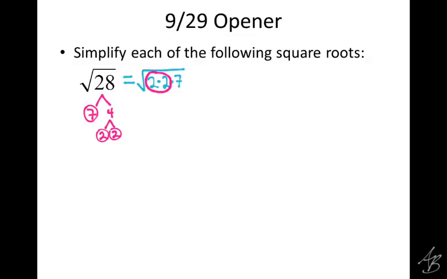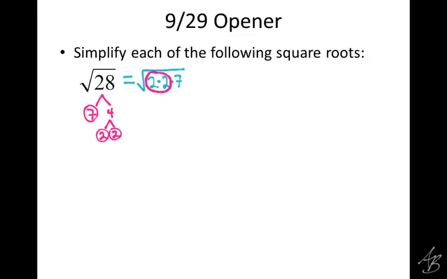Now the next step, this is the tricky one. This is the one that really makes this all work. So since the 2 times 2 is 2 squared, the square and the square root are going to cancel each other out. So what happens with this? It's not going to be squared anymore.